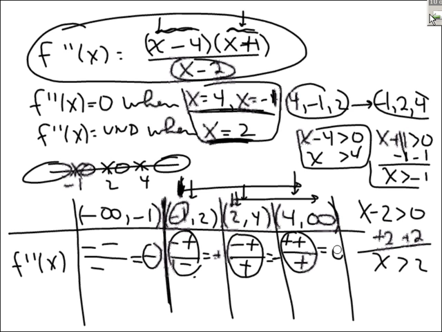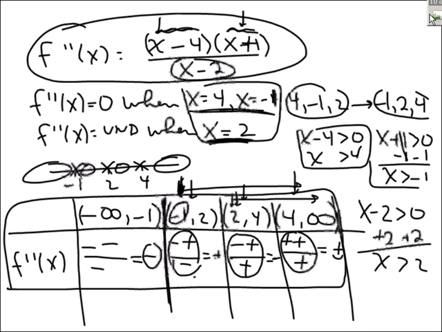So wherever it has a plus sign, it's concave up. Wherever it says negative, concave down. The table is everything above this line, the bottom line I just drew. So let me put the answer down here. Where is it concave up?